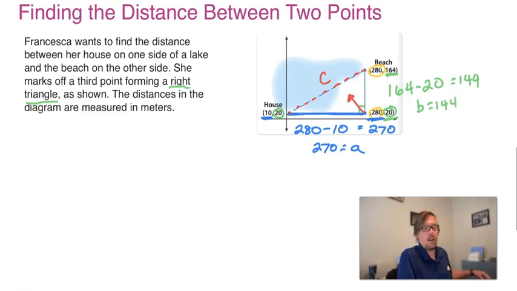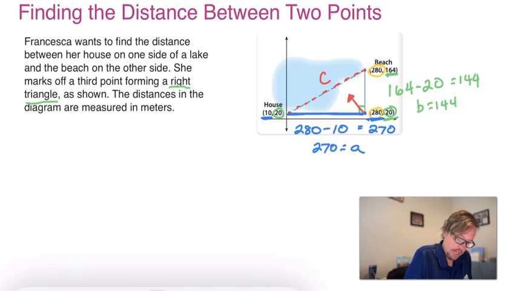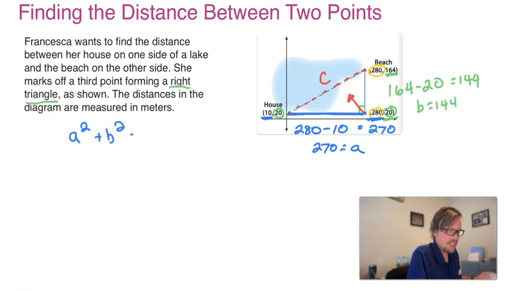Okay, we've got our A, we've got our B. Now we're ready to plug it into the Pythagorean theorem. The Pythagorean theorem, which we should all have etched into our brains by now, is A squared plus B squared equals C squared.